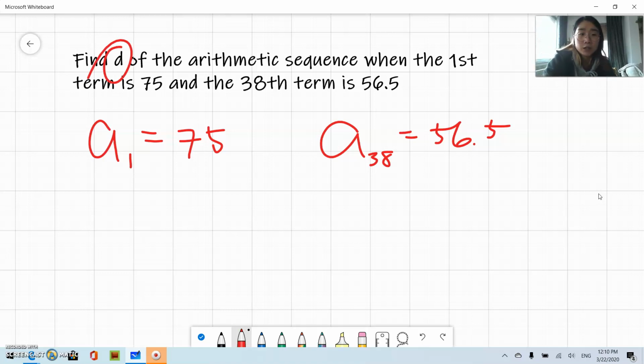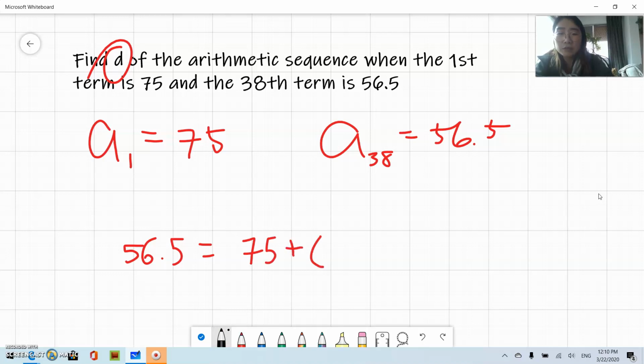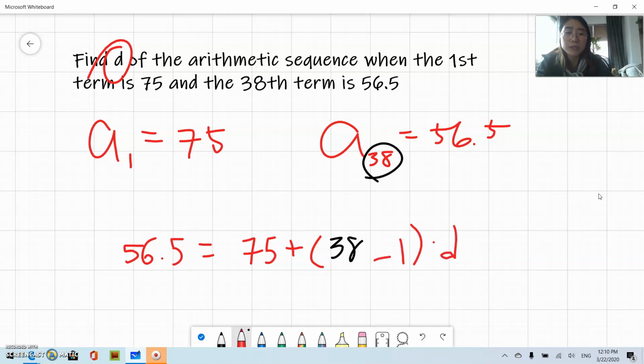And what was d? d was the common difference. So let's just plug it into our formula to see what we're missing. A38 is basically our result. And then A1 plus n is known because it's 38. 38 minus 1 times d, because we don't know what d is, right? So it's just a simple linear equation that you solve for d.